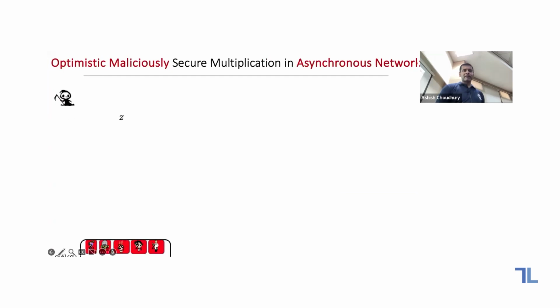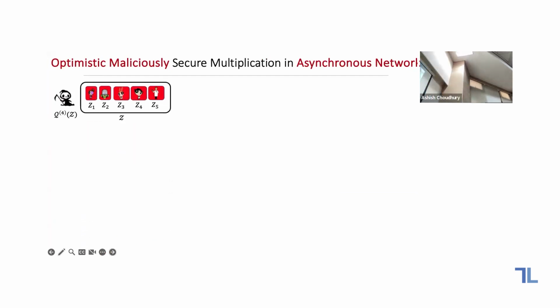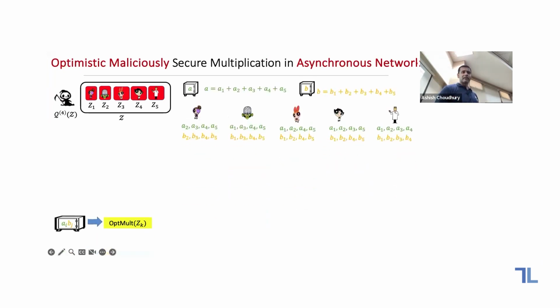So how do we take care of that challenge? Since we are in the asynchronous model, we are with the Q4 condition. We are no longer with the Q3 condition. That means the union of any four subsets doesn't cover the entire set of parties.